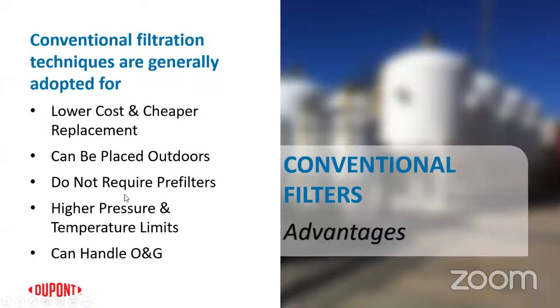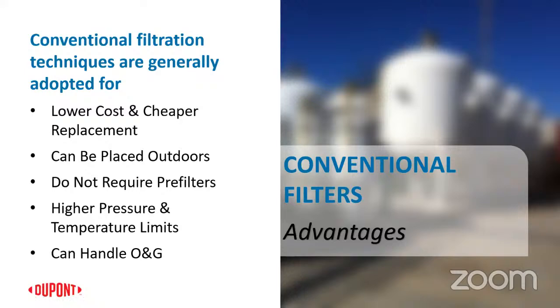They have very wide pressure and temperature limits, so they're not limited by higher temperature and pressure. In many wastewater treatment plants, oil and grease is a very common problem, and when oil and grease is coming in, the conventional filters can handle it. It's a rugged tool, and it can handle off-spec water coming in.